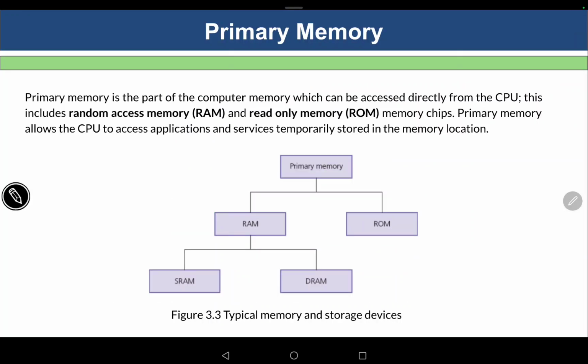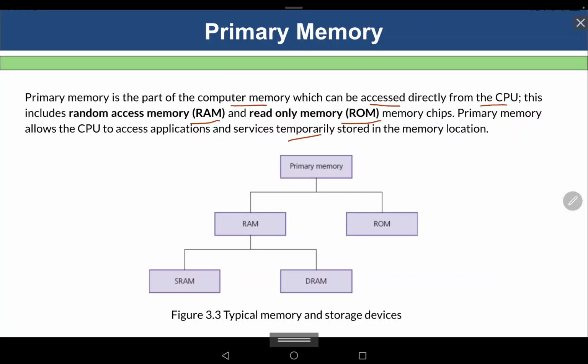Now let's begin with primary memory storage. This is computer memory storage that can be directly accessed by the CPU, and this includes both RAM and ROM. The primary memory allows the CPU to access applications and services temporarily stored in the memory location.